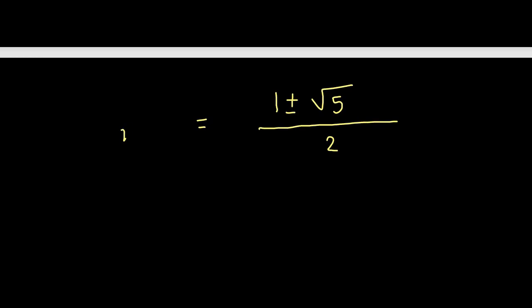So the value of x is 1 plus minus square root of 5 by 2.